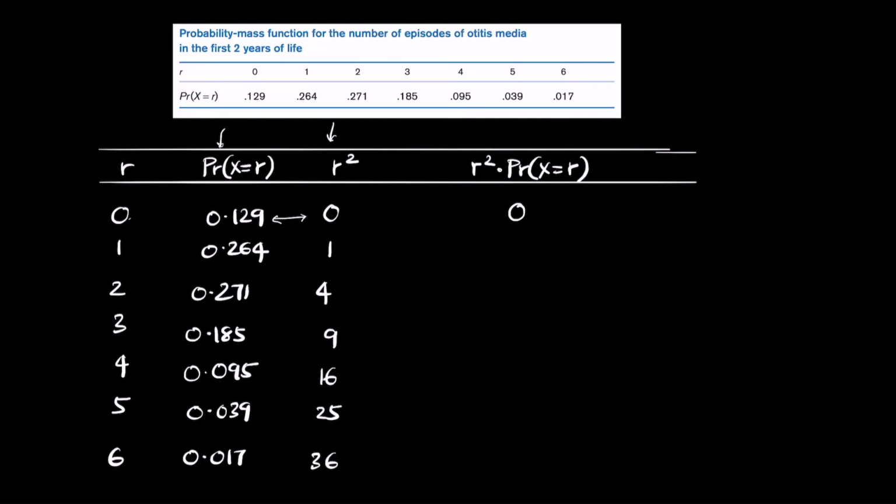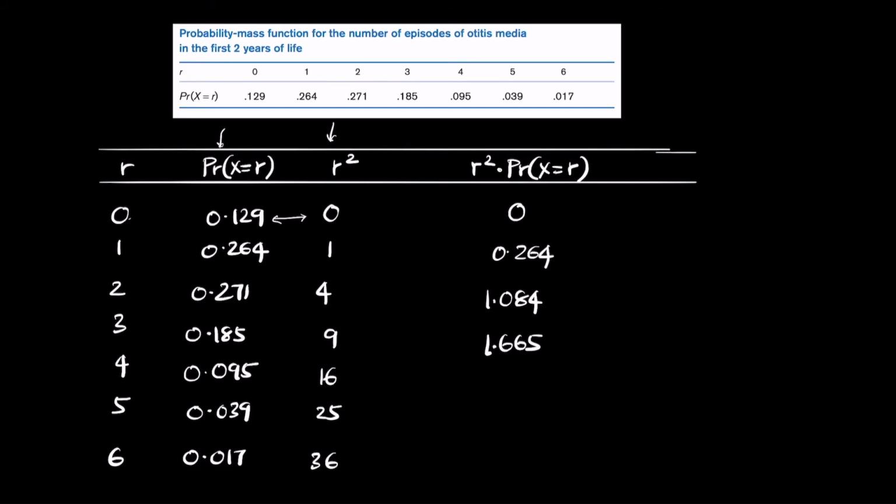So the next value is 1 times 0.264, so the same value 0.264. Next is 4 times 0.271. That gives you 1.084. Next is 9 times 0.185, so that becomes 1.665.